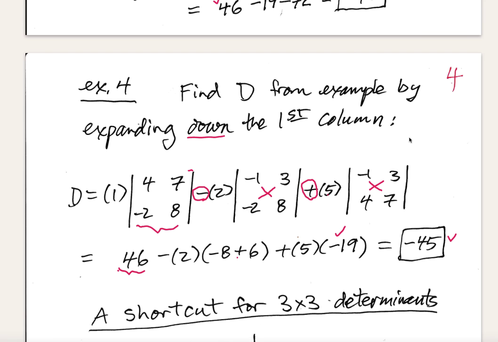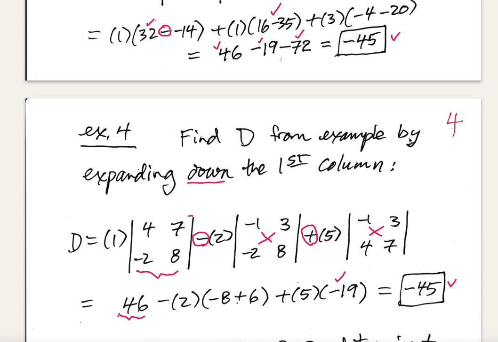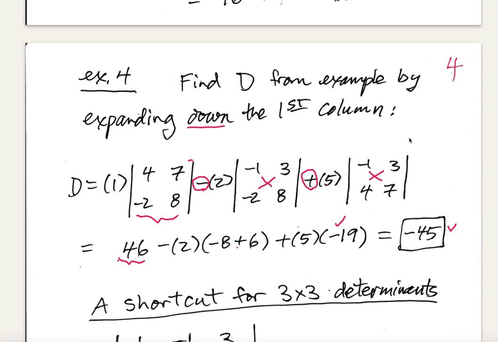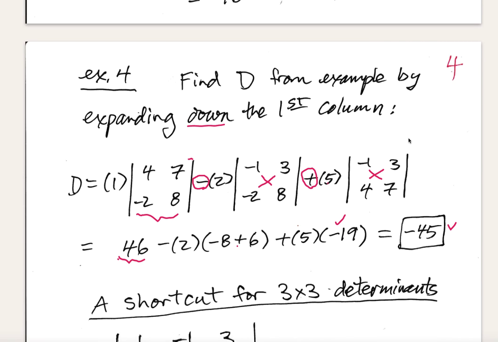If you didn't, you made some arithmetic error. This is nice to know because in some cases, you might have really convenient rows to expand down. What if a row has a bunch of zeros, or a column has a bunch of zeros in it? That might be a good row or column to expand down or across, right?